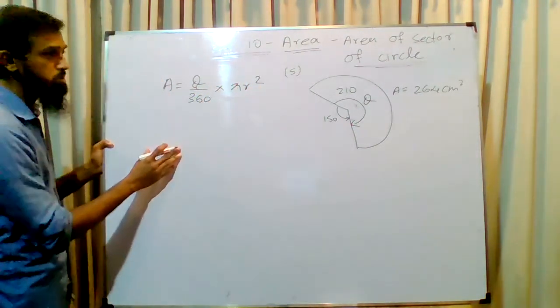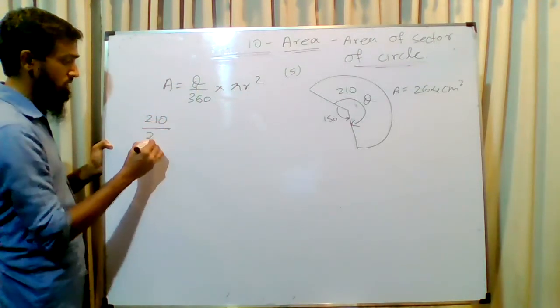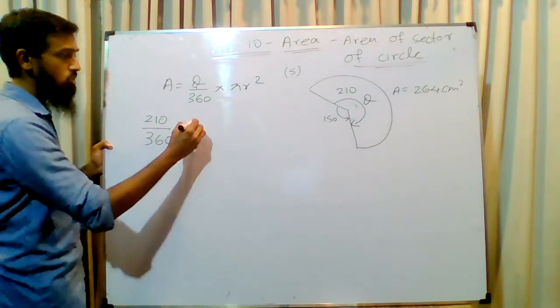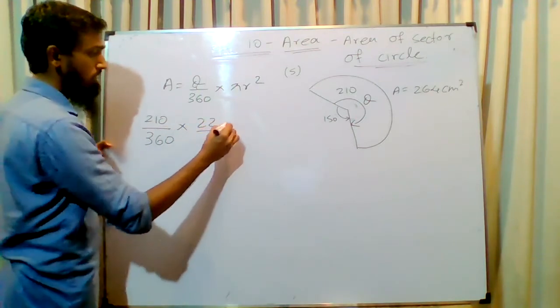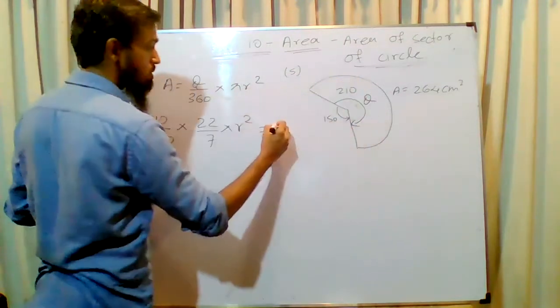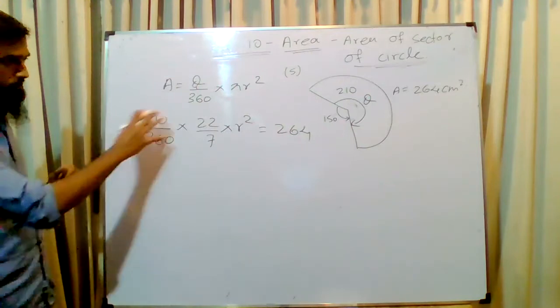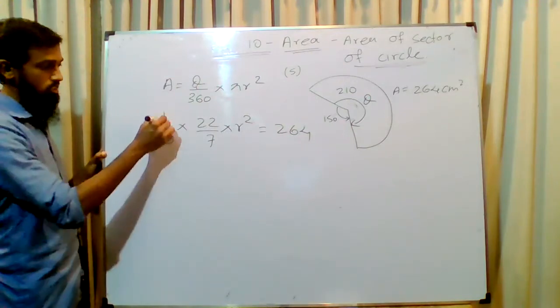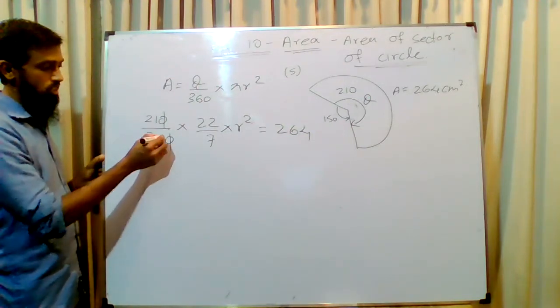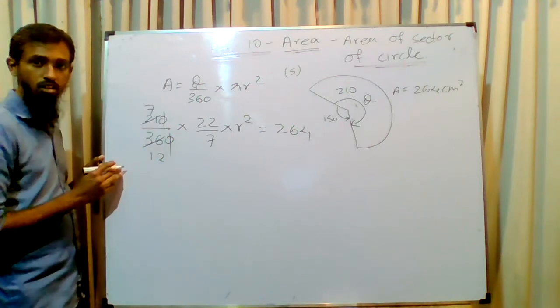So we are going to substitute all the values. Theta, it's 210 over 360 into 22 over 7, r squared. The area is 264. So we can simplify some of the values here. 0, 0, 3 times 12, 3 times 7.